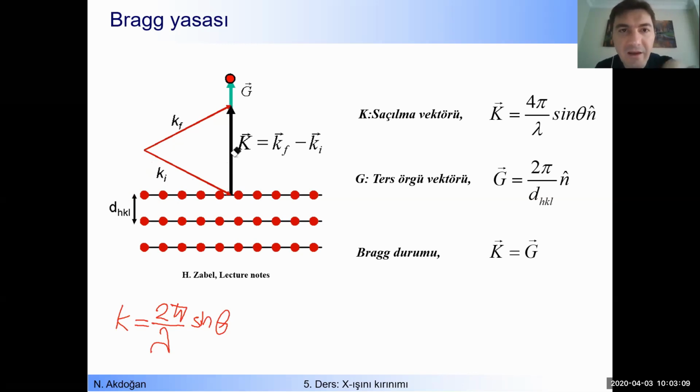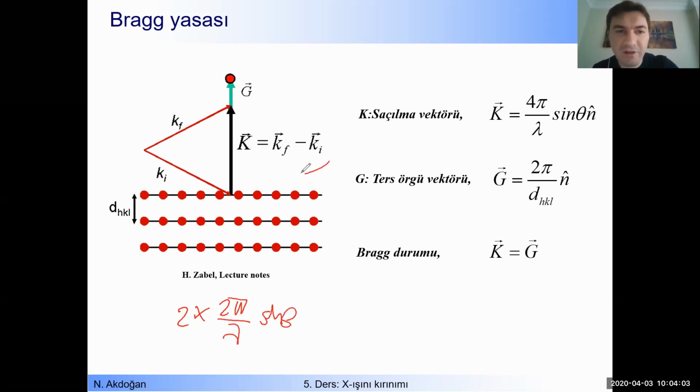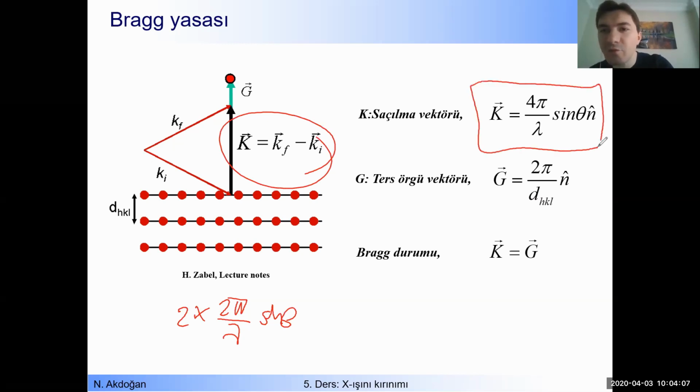And this one has also another component along that direction, and K is given by 2 times 2 pi over lambda sine theta due to that expression.